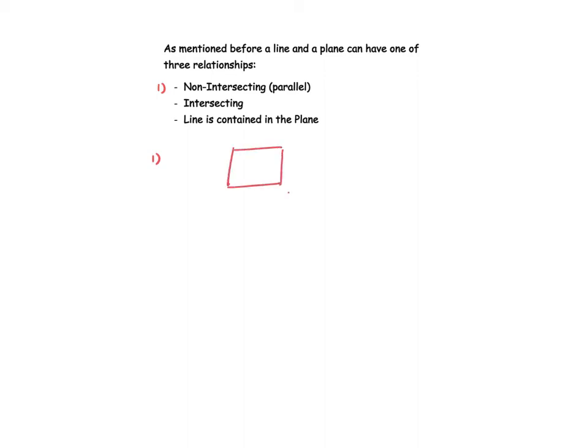So here's pi 1, and here's a line, L1. Let's say that there's separation there. Those two would be parallel if they never intersect. So we can look at that from the profile view on the side. Here's pi 1. And of course, here's L1. So you can kind of see it from the side there. Those would be parallel, non-intersecting.